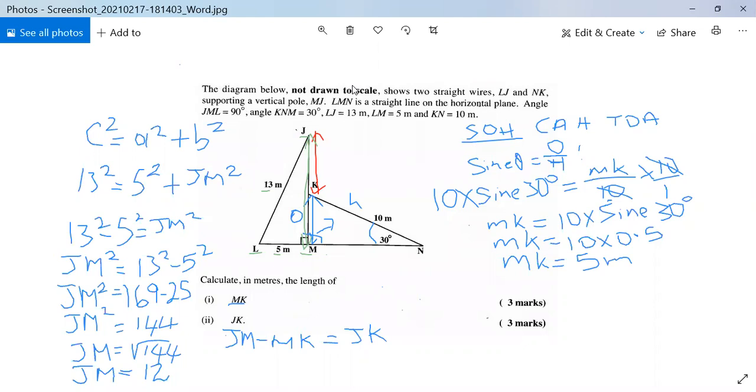When we take away MK from JM, we'll be left with JK. So that's simply 12 minus 5, which is equal to 7 meters. So JK is equal to 7 meters.